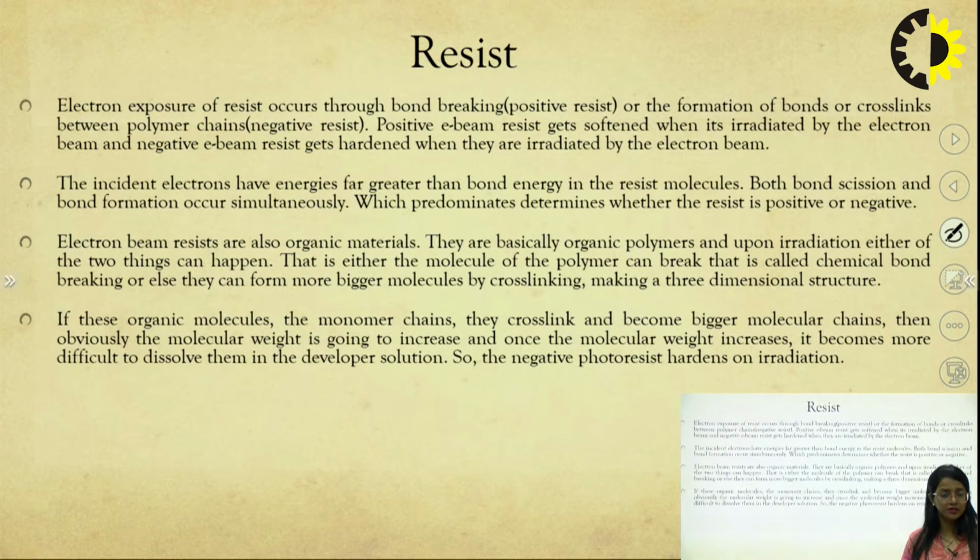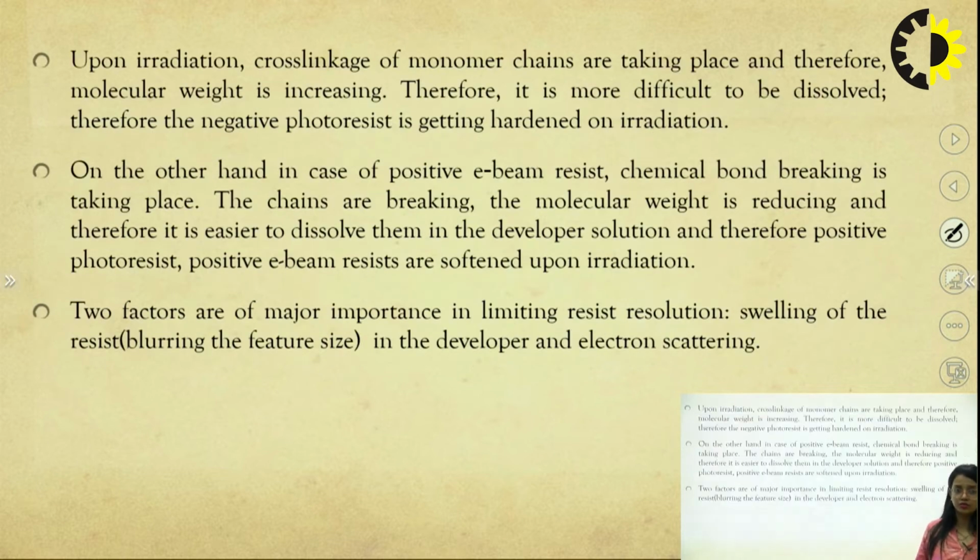So we have discussed this before also, positive photoresist and negative photoresist. Here also same case. So positive electron beam resist gets softened when it is irradiated by the electron beam, and the negative electron beam resist gets hardened, means it will not wash off when it is irradiated by the electron beam.